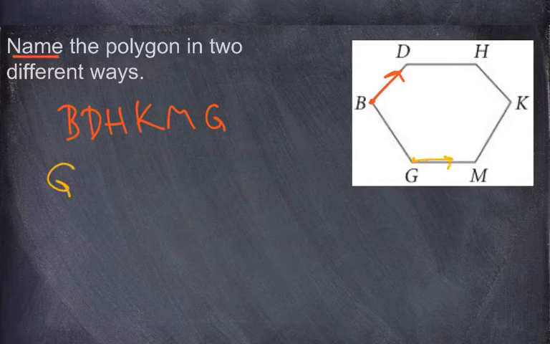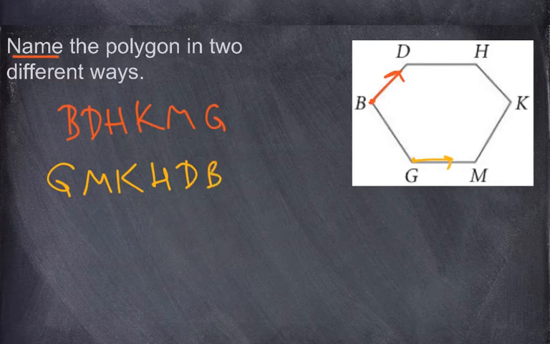So the name of it would be G, M, K, H, D, B. Okay? So the one thing you don't want to do is, wherever you start, make sure you don't skip any letters. You can't just throw the letters there randomly. You have to go in order, clockwise or counterclockwise. Okay, so that's how you name a polygon. In this case, we did it in two different ways.